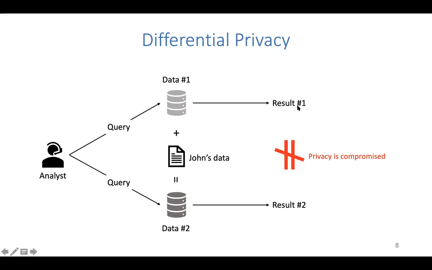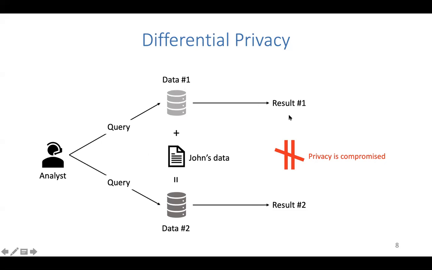If result number 1 and result number 2 are significantly different, for example, a query could have been average income of all the users in the data set. Before adding John's data, the average income was $40,000. And after adding John's data, the average income was $60,000. Then it means that John's income was significantly large, so that it made a lot of difference in the two results.